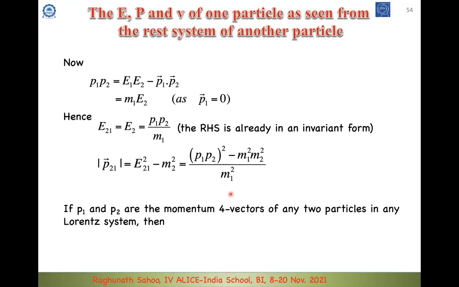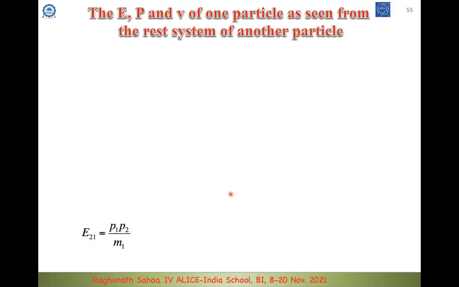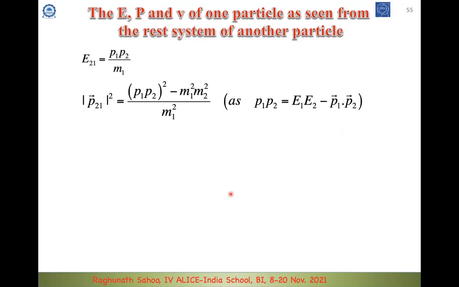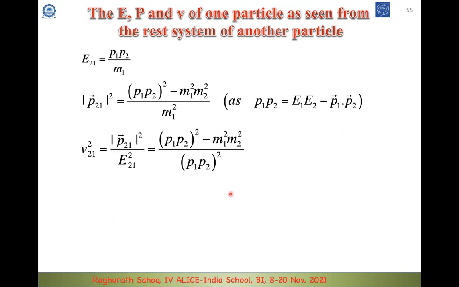So you will get that if p1 and p2 are the four momentum vectors of any two particles in any Lorentz system, then one can write E21 in terms of the invariants like this, and P21 in terms of all invariants like this. Similarly, the velocity of the particle as seen from the other particle is momentum by energy, which is your standard definition of velocity. Since these two are given now, you just divide and you will get beta21, and notice that this is also in invariant form.